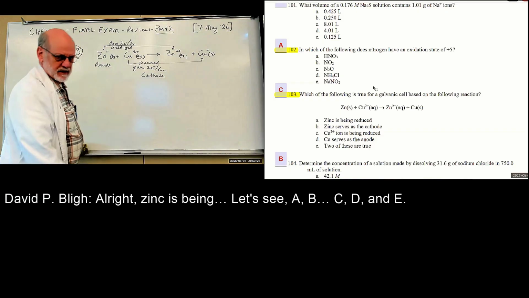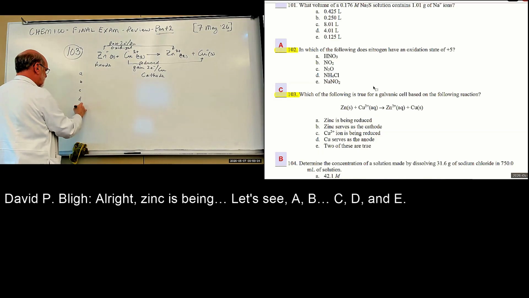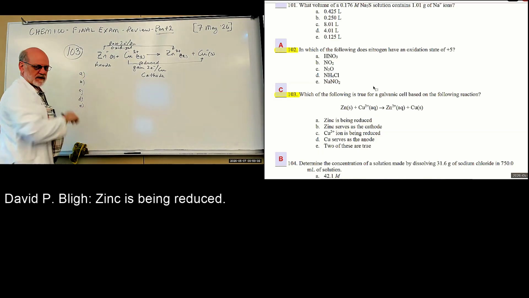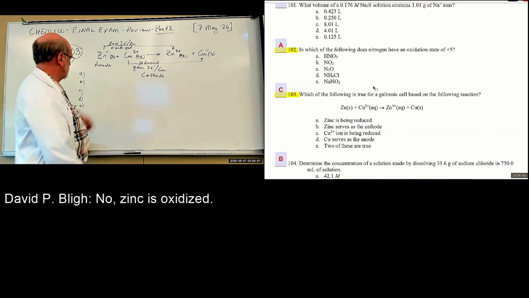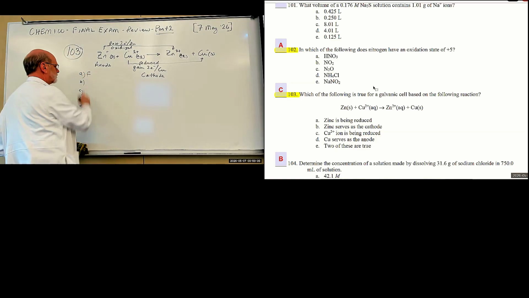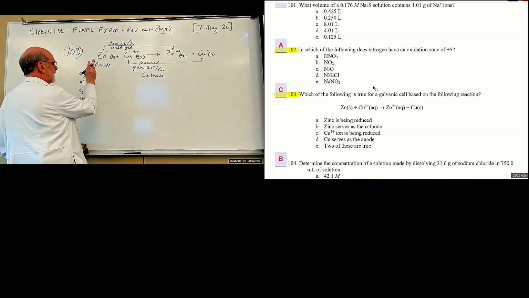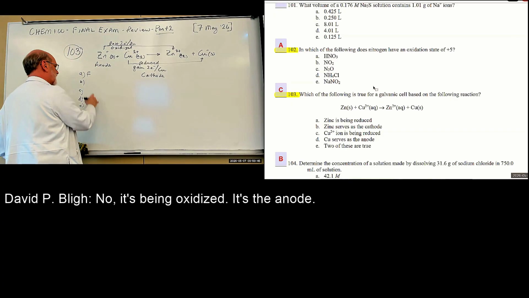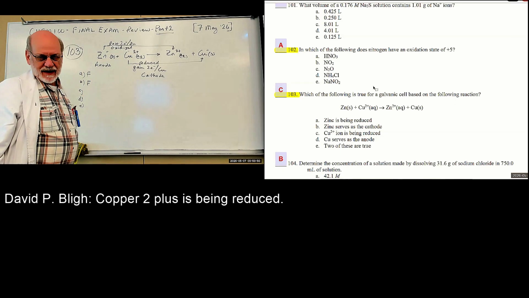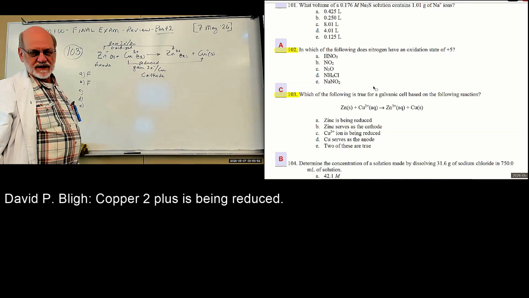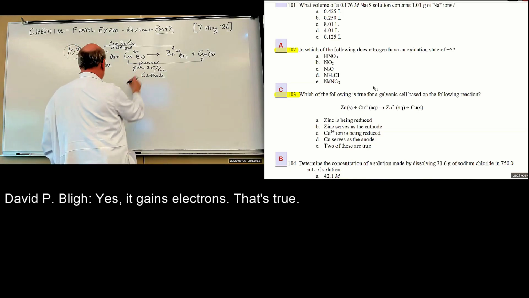All right, A, B, C, D, and E. Zinc is being reduced. No, zinc is oxidized. B, zinc serves as the cathode. No, it's being oxidized. It's the anode. Copper 2 plus is being reduced. Yes, it gains electrons.